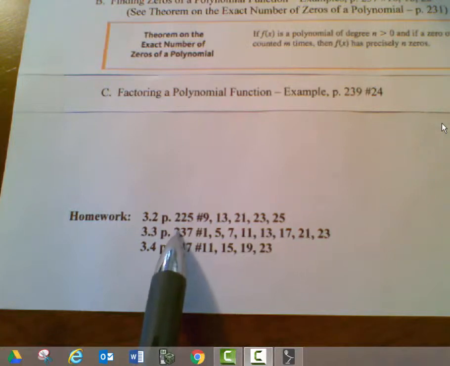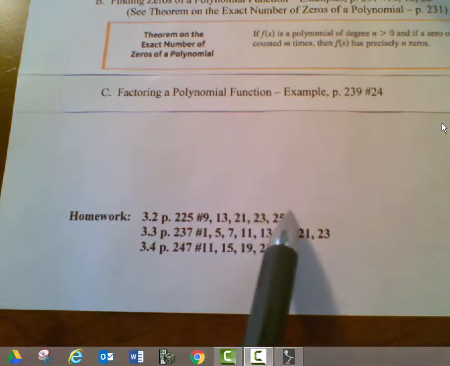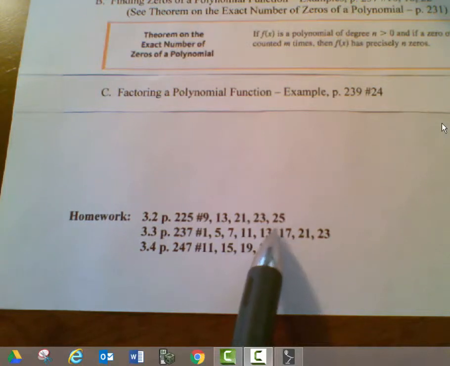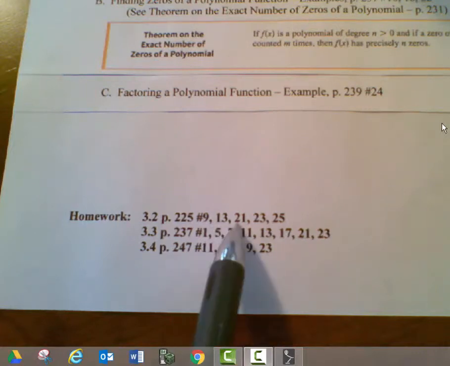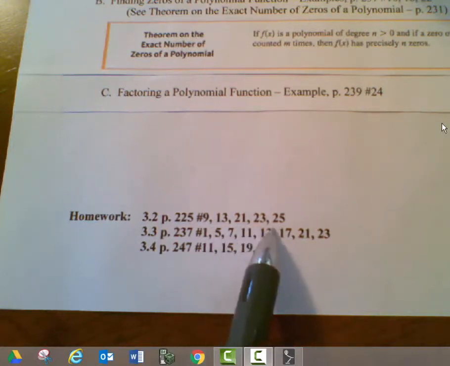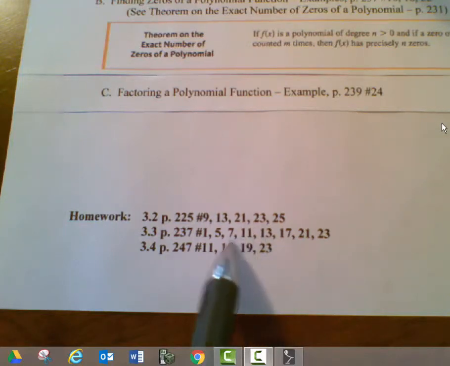And 3.2, which I sent you yesterday, it did have 5 problems, but these last 3 problems had different numbers in the 12th edition, so I've corrected that. If you've already done the homework that I gave you for 3.2 yesterday, don't redo anything. But if you haven't done it, do these last 3 problems rather than the 3 problems that were on the handout that I sent yesterday.